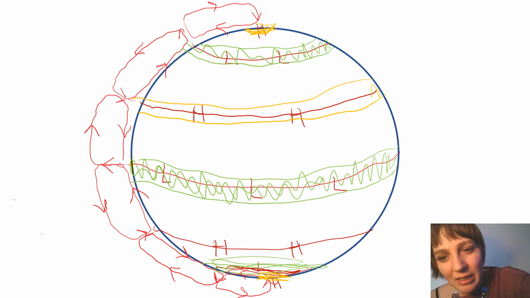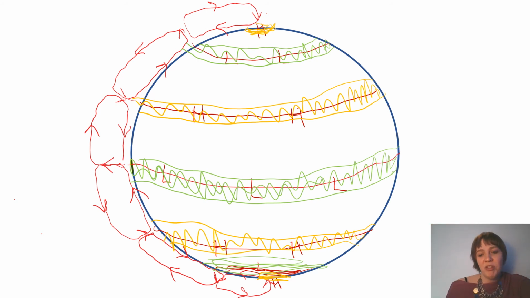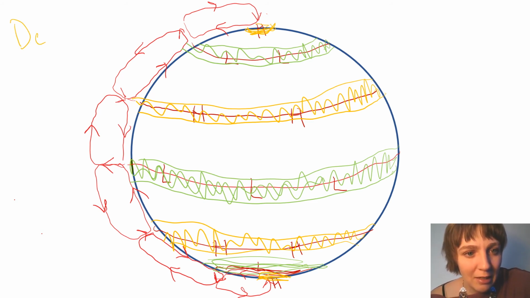Patterns of rising and sinking air, rainforests and deserts. All right. So at this point, we have all of our high and low pressure zones labeled. We have all of our rainforests labeled. For me, the rainforest is in green and the desert is in this yellow color. So I'll just write that down, desert, rainforest. Okay.